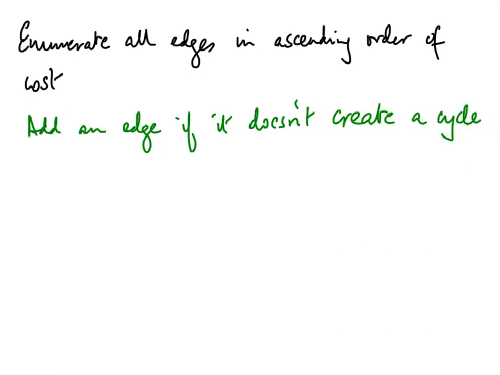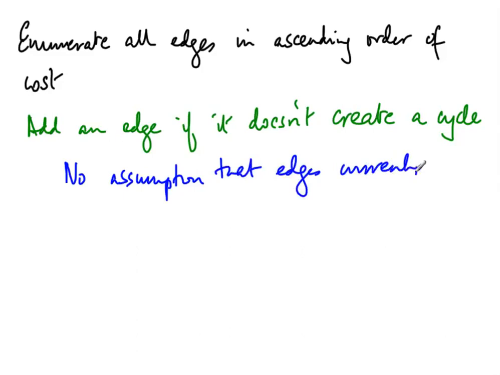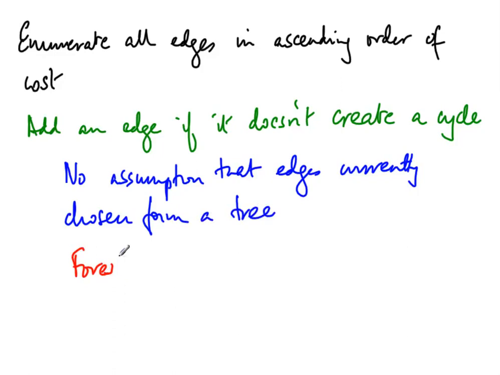But there is no assumption that the edges currently chosen form a tree. So they could be disconnected. So in general, what we have at any given time is what is called a forest, okay, which is a collection of disjoint trees.